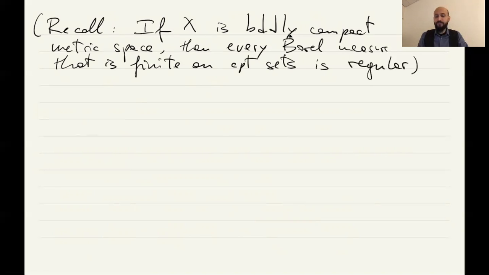Okay. So you can very well think that Radon measures are just Borel measures that are finite on compact sets.